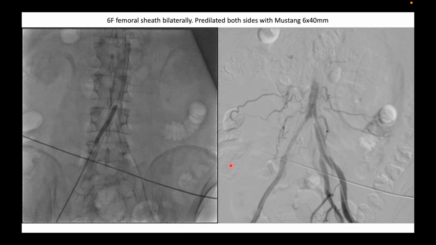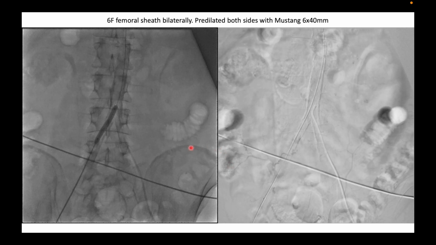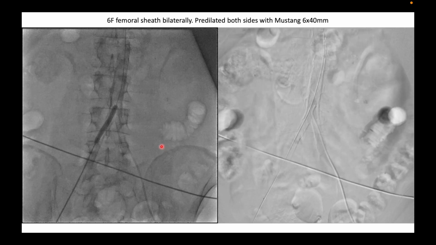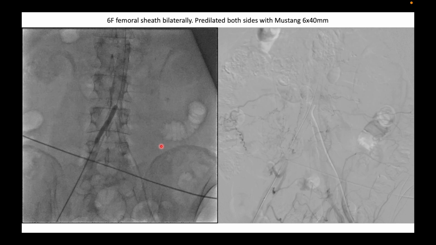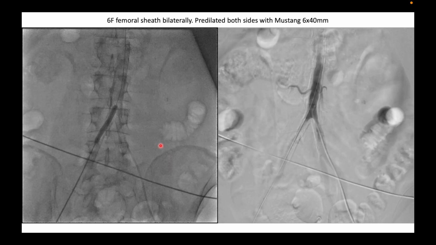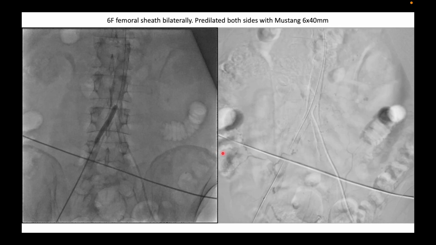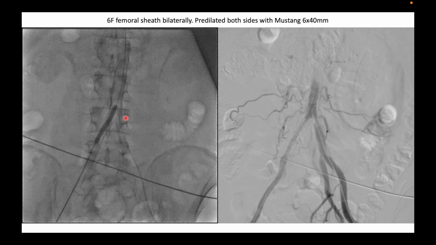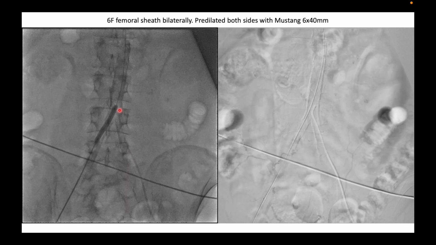Now this is a case where 6 French femoral sheath has been taken bilaterally and pre-dilated both sides with Mustang 6 into 40 millimeter. So you can see here that's the ballooning being done, and both sides are secure. One has a wire, the other one has a catheter sitting in it.